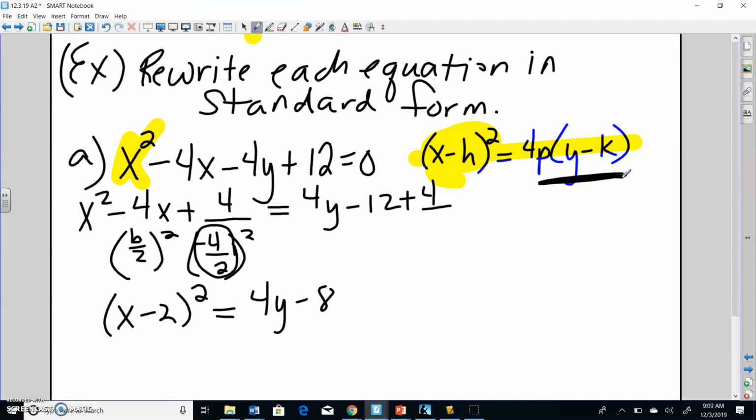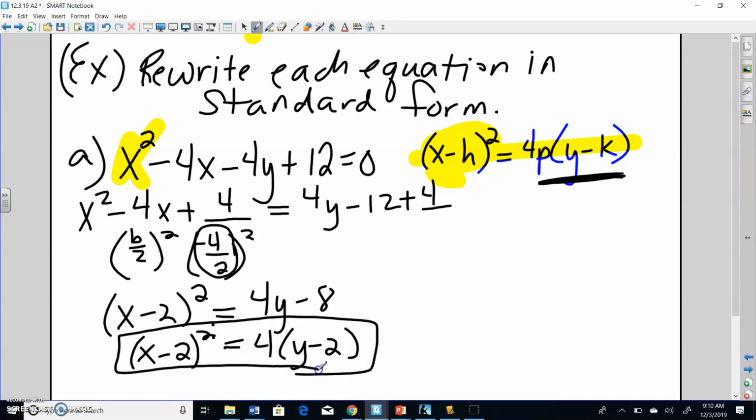But it's going to be a little simpler factoring because we don't have to complete the square. What can we take out of 4y and a negative 8? 4. So we're just going to take a 4 out, and that's going to leave us with y minus 2 on the right. And then our left stays as it is, and there is the equation in standard form.